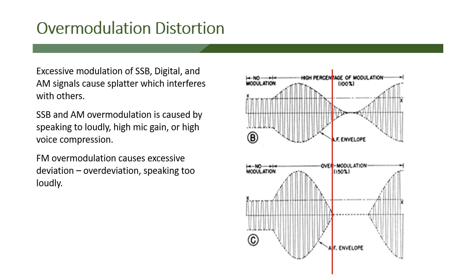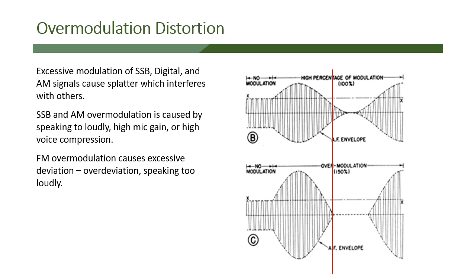With FM, overmodulation causes excessive deviation, and overdeviation means that if you're supposed to only have a bandwidth of, let's say, and I'm going to arbitrarily make this up, from 28 megahertz to 28.2 megahertz, and you're speaking so loudly your FM signal is going to 28.22 megahertz, which is over 28.2.